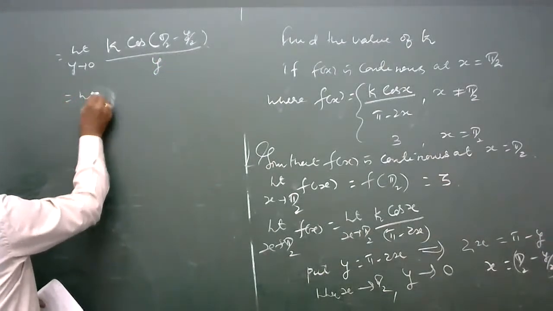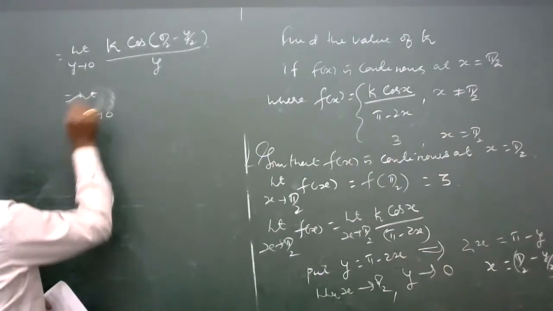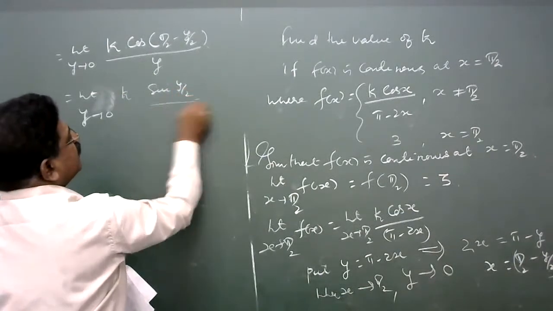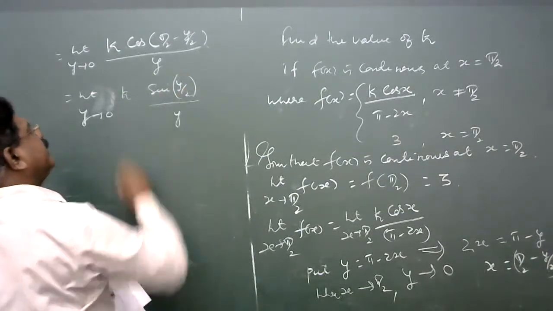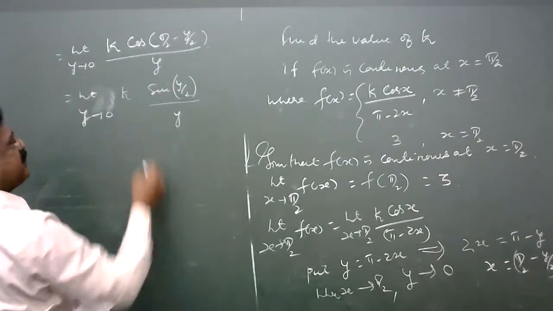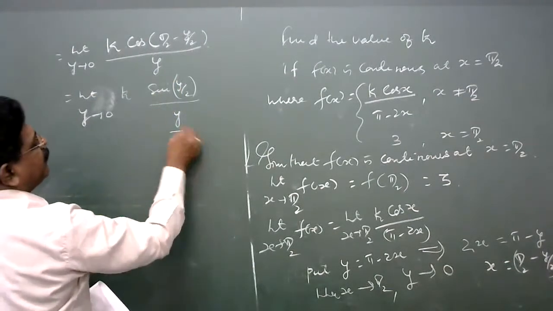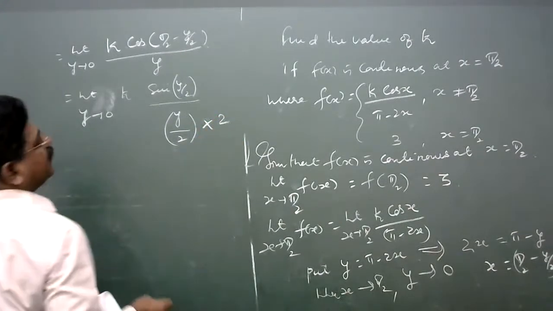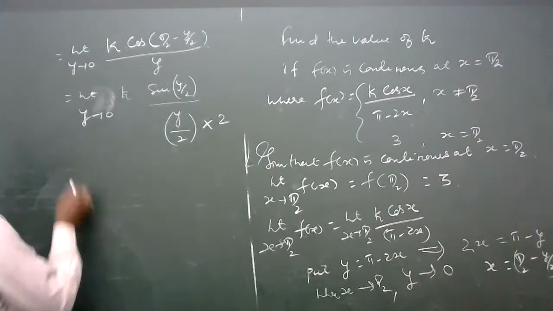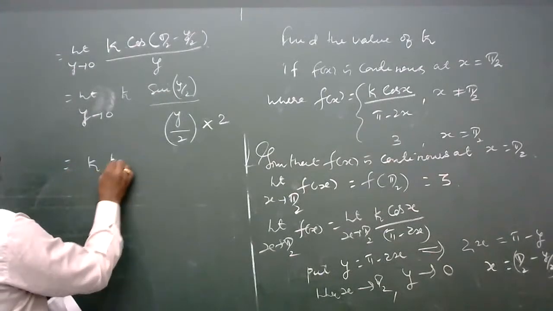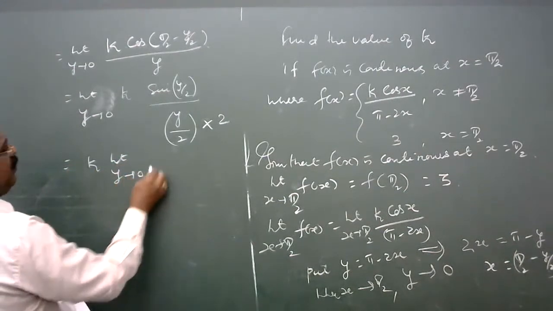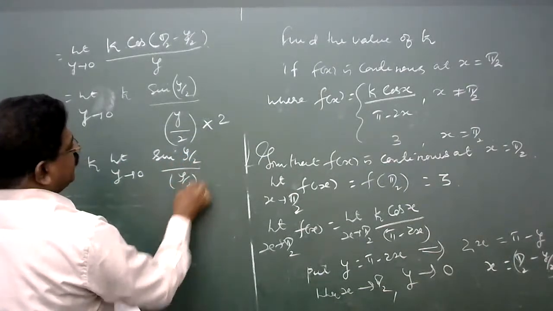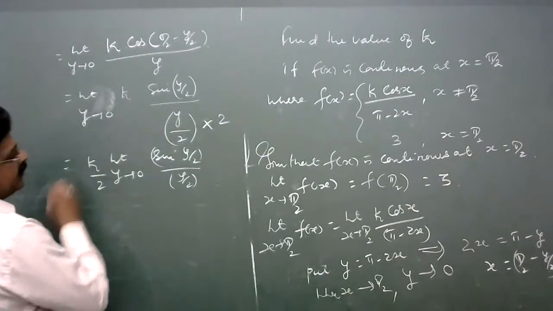Now limit y tends to 0. Cos of 90 minus theta is sin theta, so sin of y by 2. And here the angle is in terms of radians, that is y by 2. So divide by y by 2 and multiply by 2. Now k is outside, limit y tends to 0 of sine of y by 2 upon y by 2, and this is k by 2.